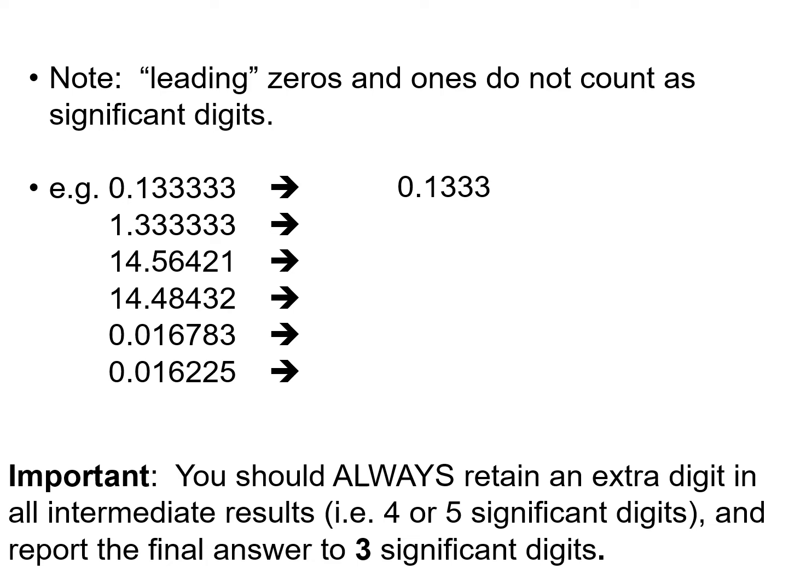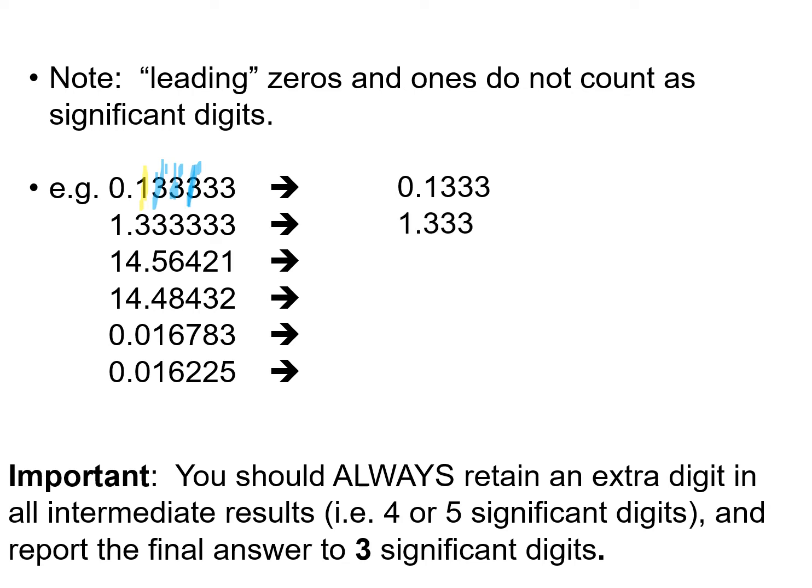So this 1 right here doesn't count as a significant digit. We have to count, let me try the blue here, 1, 2, 3. Those are our significant digits there. So we actually have 0.1333.